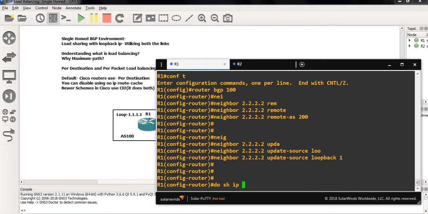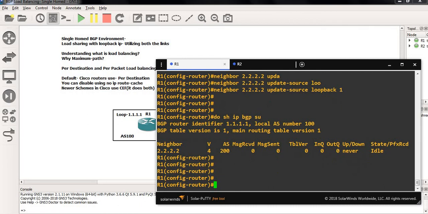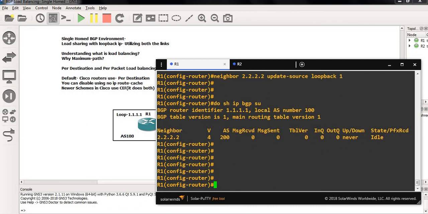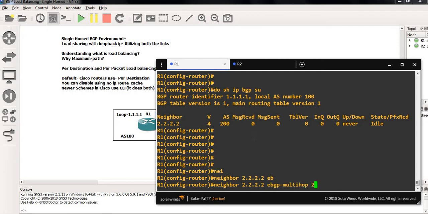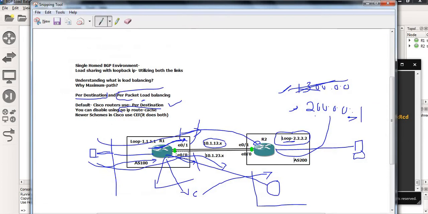There is one more piece in the BGP which is missing. You could see that it is still in idle state. The one more piece of it is that we need to configure eBGP multi-hop, because this network here, let's say 2.2.2.2 network, is two hops away from the 1.1.1.1 network.